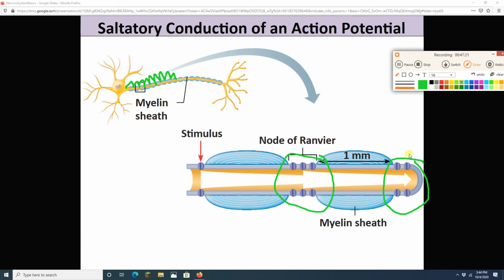We don't have to do it on every single itsy bitsy bit of membrane. We're only doing it at the nodes of Ranvier. So if we want an action potential to travel fast, we want Schwann cells to be around it. Schwann cells increase action potential speed. They increase action potential velocity.